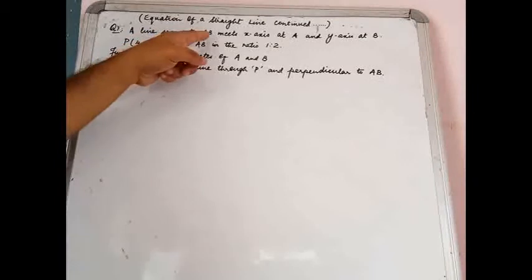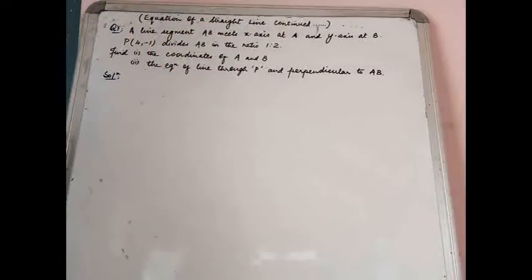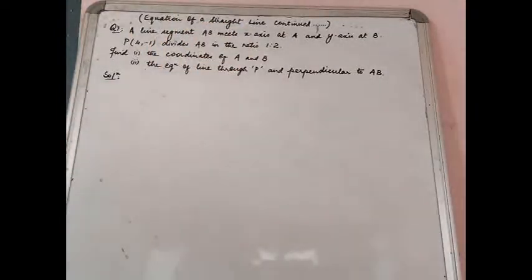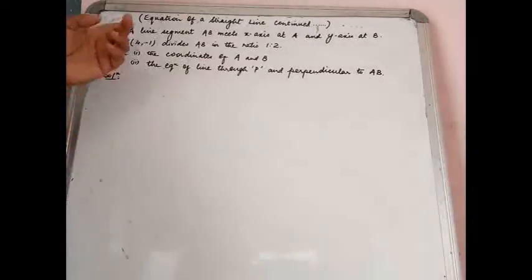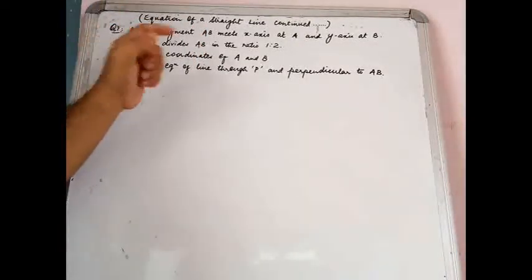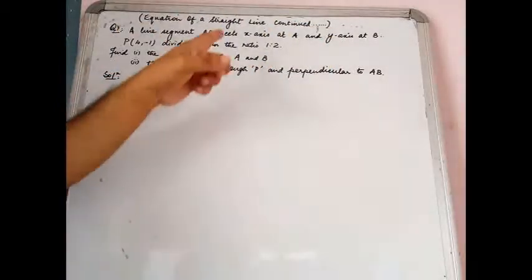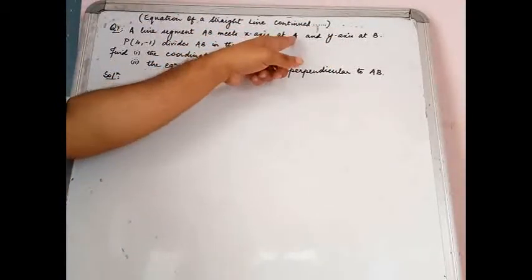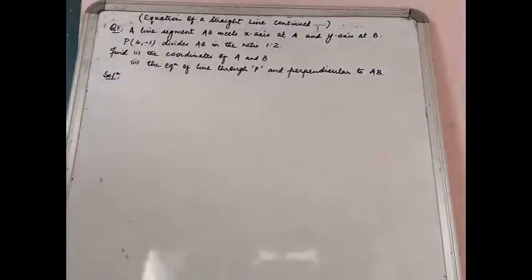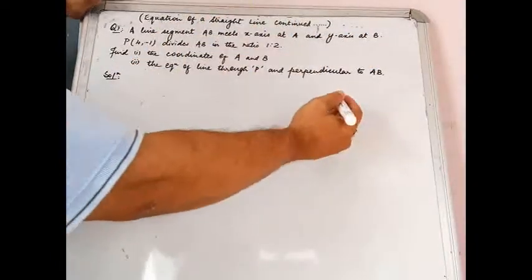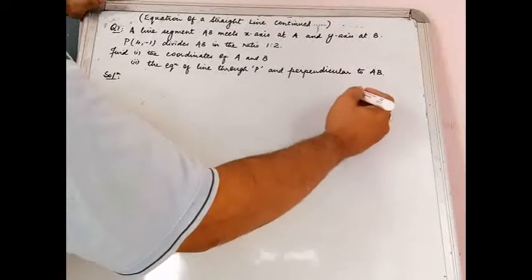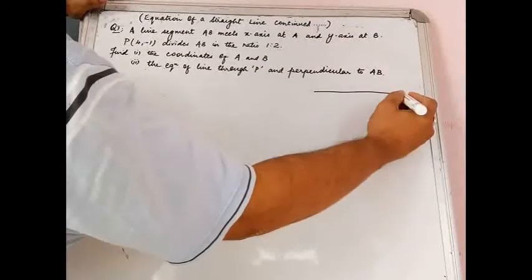A line segment AB meets x-axis at A. Once again the question is about a straight line. It's a line segment AB which meets the x-axis at A and the y-axis at B. Just to have a general idea, let us have a rough sketch.